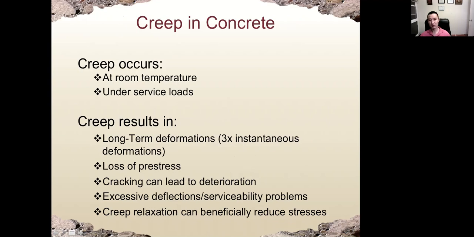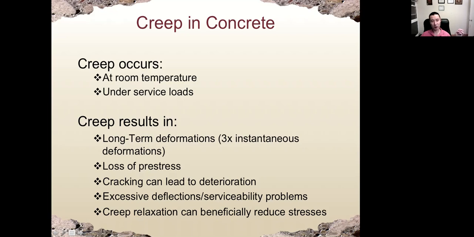Creep occurs at room temperature or any other temperature, and for creep to occur, there must be some type of load. Without load, the concrete will not creep. Creep can result in long-term deformation, sometimes up to 3 times the instantaneous deformation.